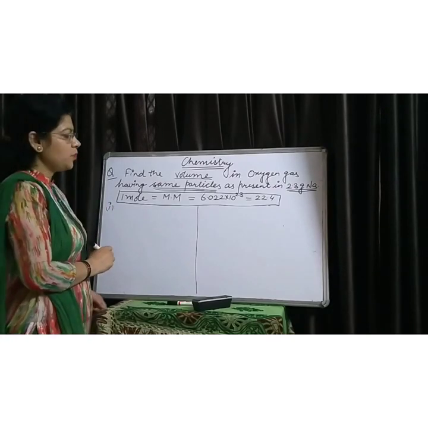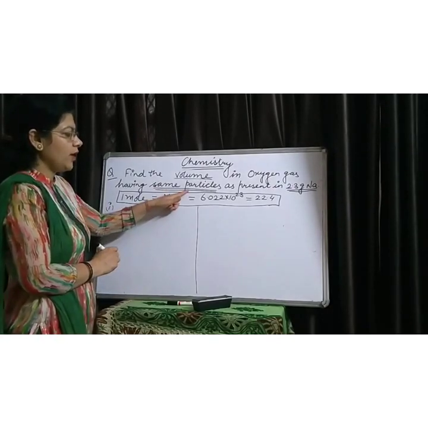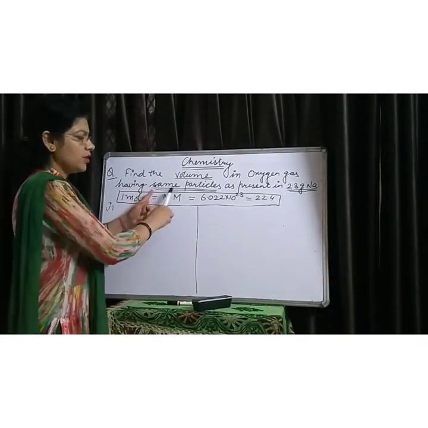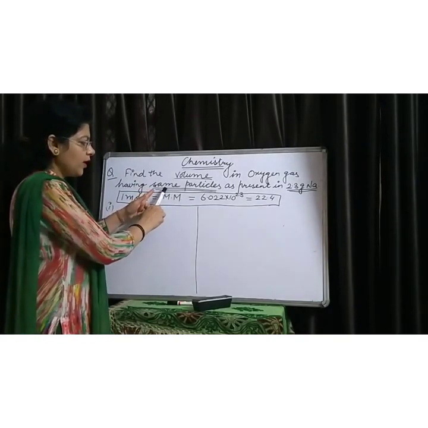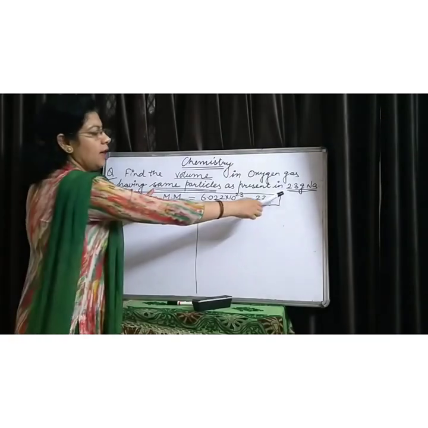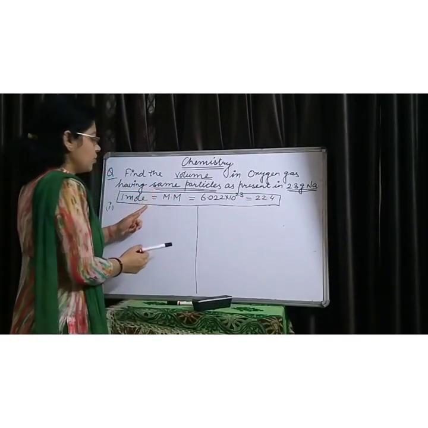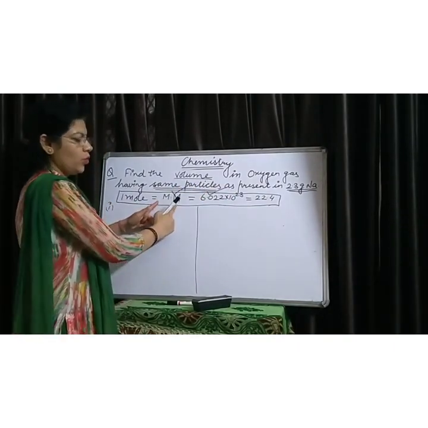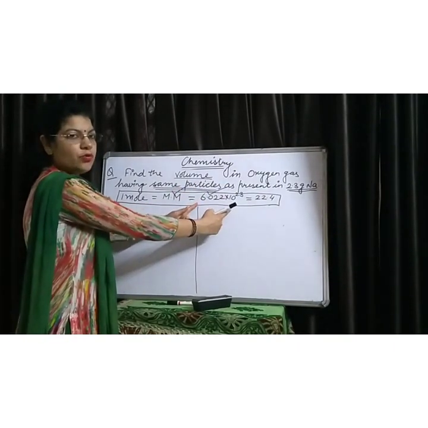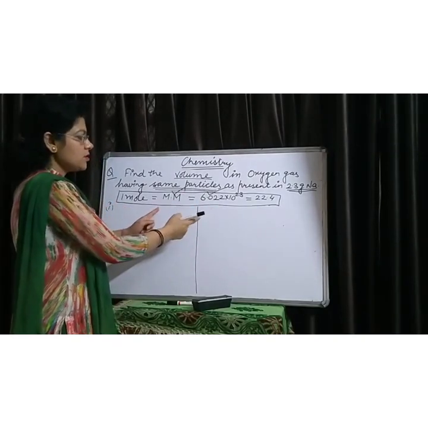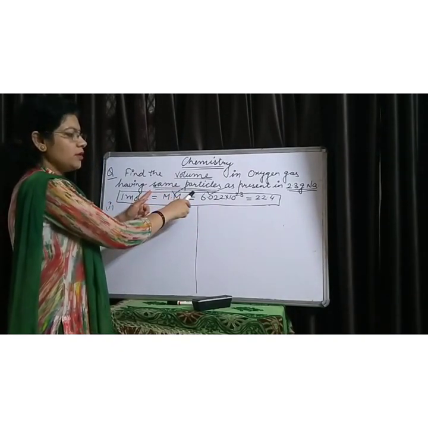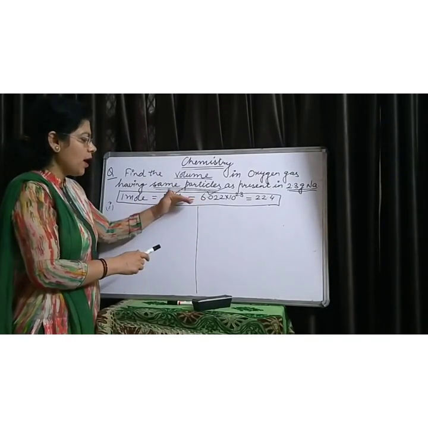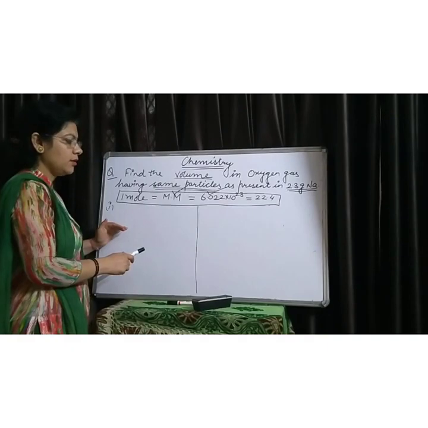See the first part, in which we have to find the number of particles, and mass is given to you. So use these two terms, molar mass and number of particles. We put number of particles on the right hand side and mass on the left hand side.